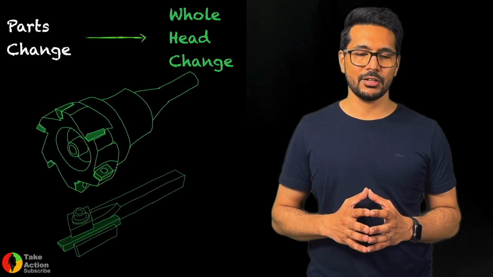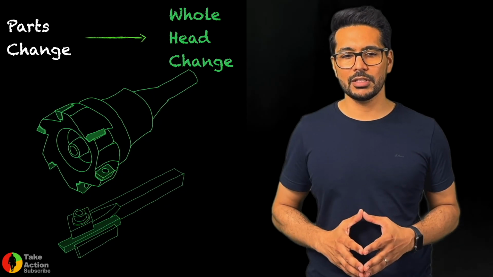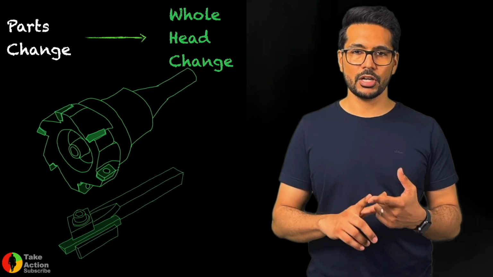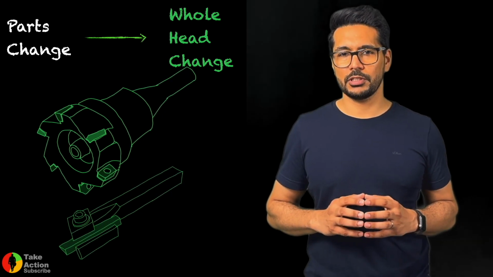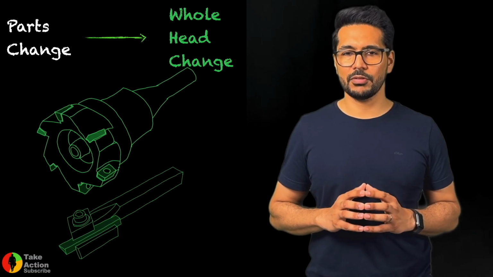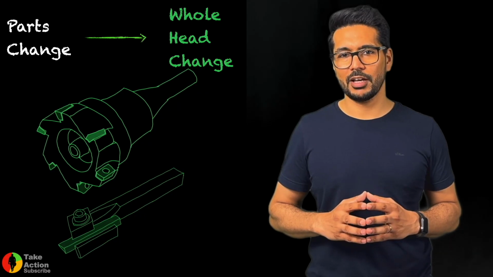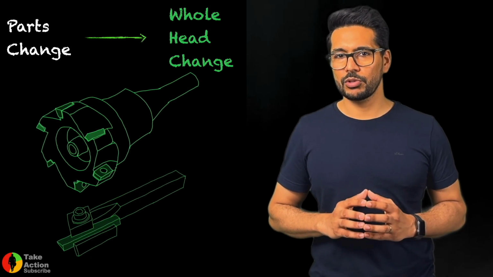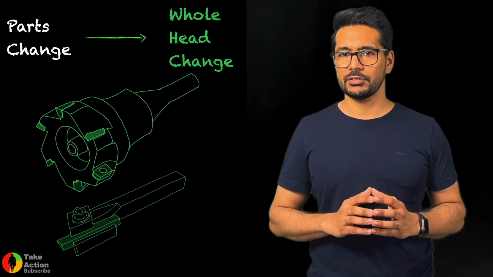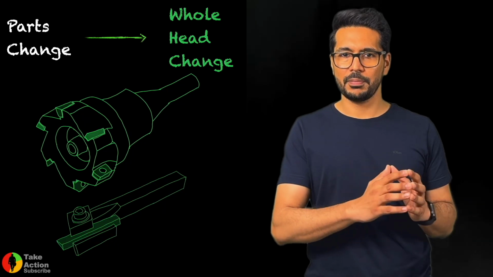Now we can say that not all of us are dealing with these simple heads, turning or lathe machines. But I have seen this idea applies to most special purpose machines. It doesn't matter what type of machine we have. Most of the time we are spending a lot of time replacing one small tool or some wires or anything on that particular head.